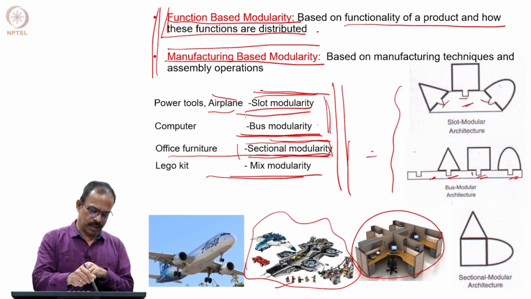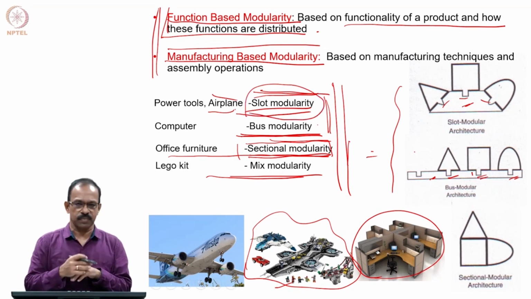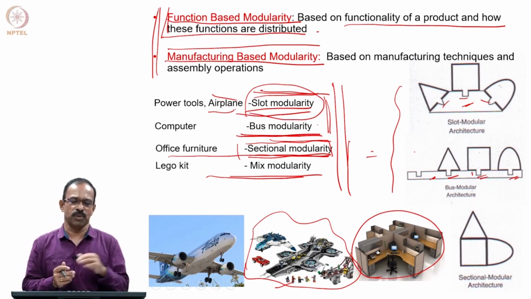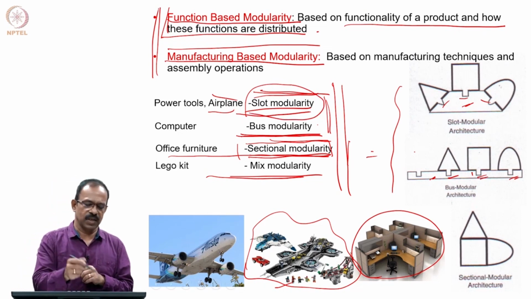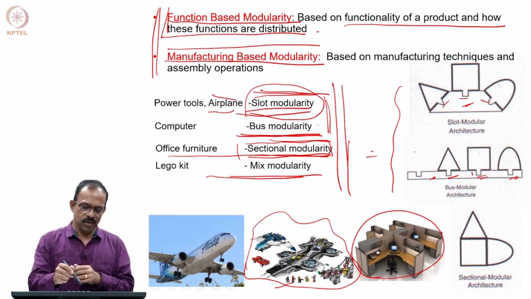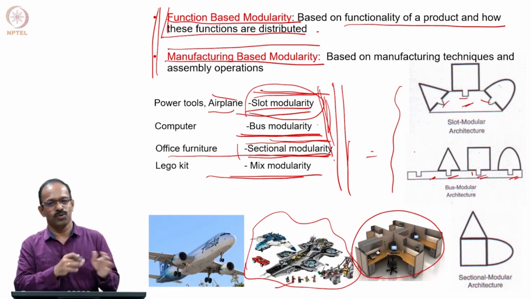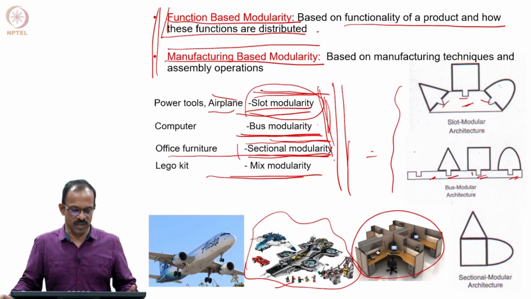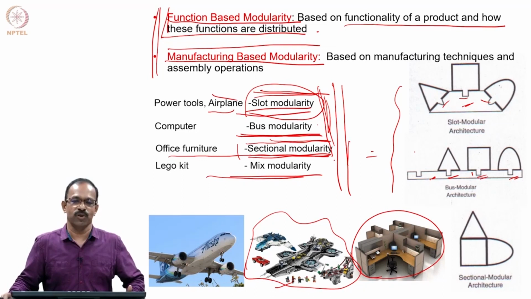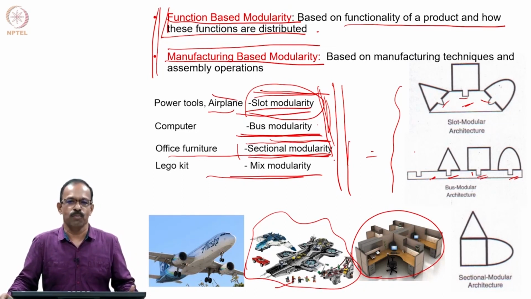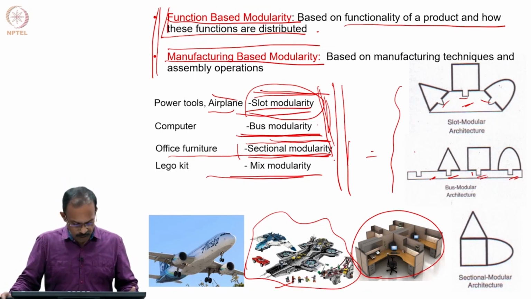But the other elements like your USB drives or your power supply units can come under the slot modularity. So, it is not that you can use only a particular one. You will always have a mix of the slot or bus modularity depending on the product and what kind of modules you want to offer in the family. So, that is about the product architecture, the types of product architecture.